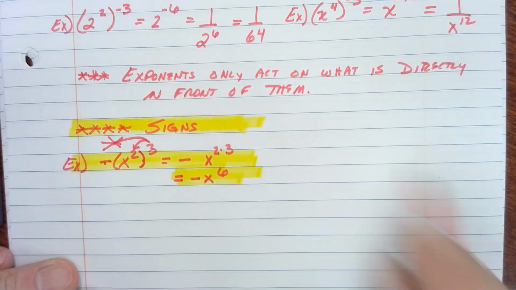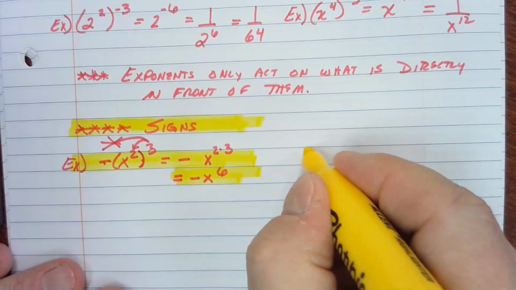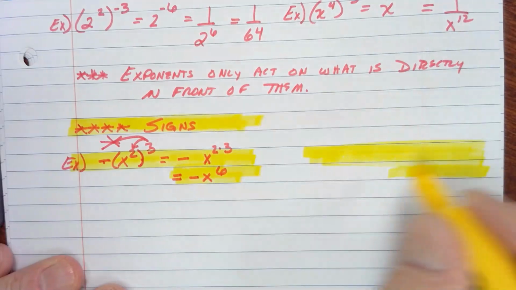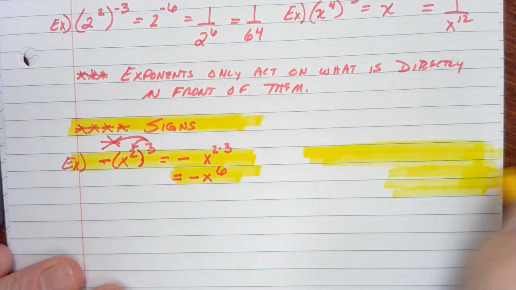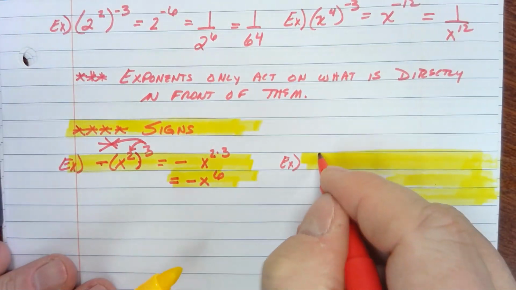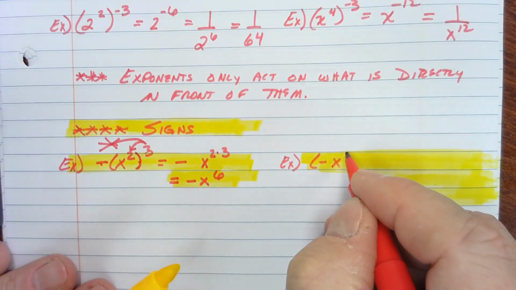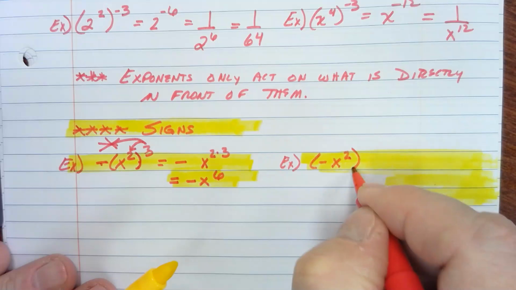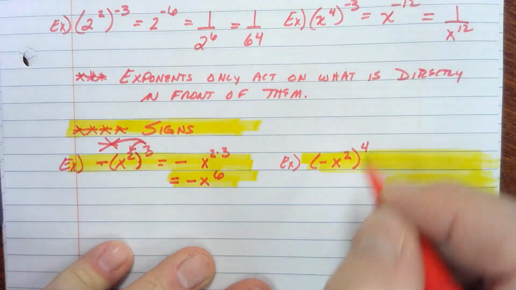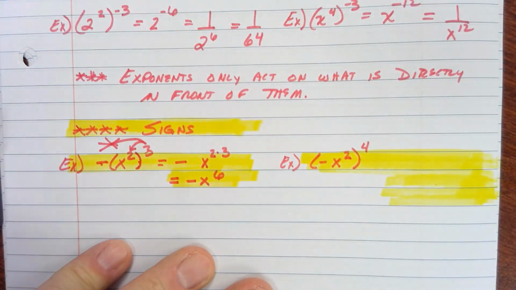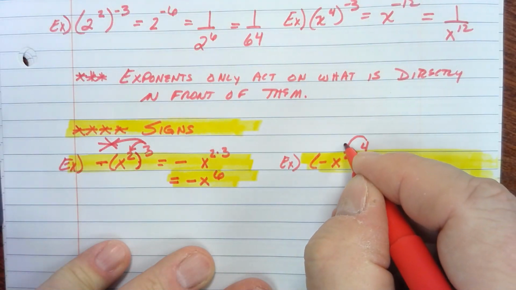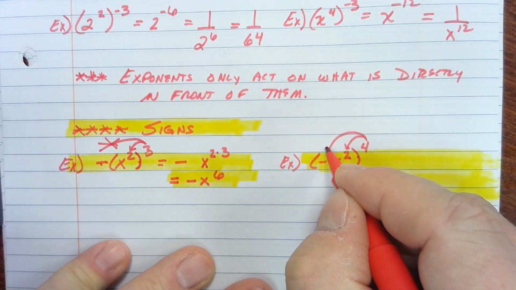Now I'm going to put the next one right beside it to show you the differences. On this example, the negative sign is inside of the parenthesis. Yes, the parenthesis right in front of this, so it's going to act on this exponent and it's going to act on this sign.